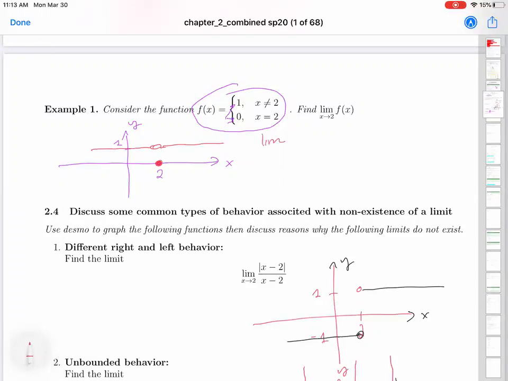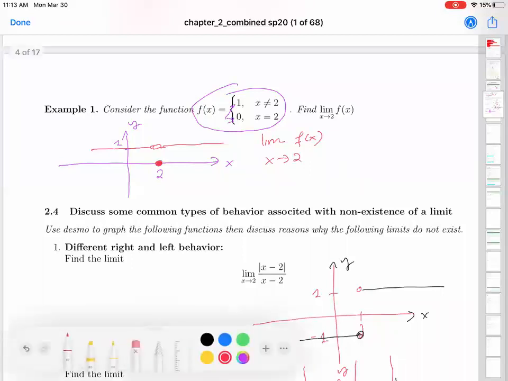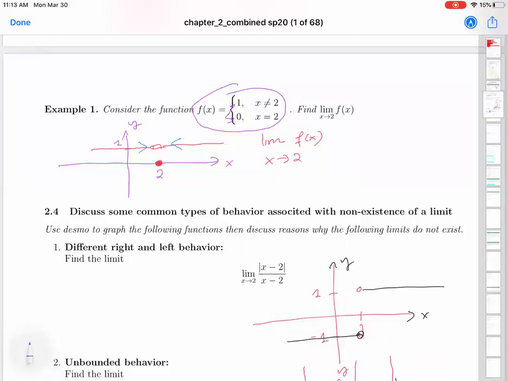And if you look at this graph of function f of x, what is the limit of this function when x goes to 2? So the limit again is a point where the function approaches 2 from both sides. Okay.